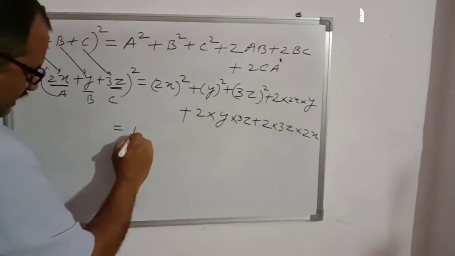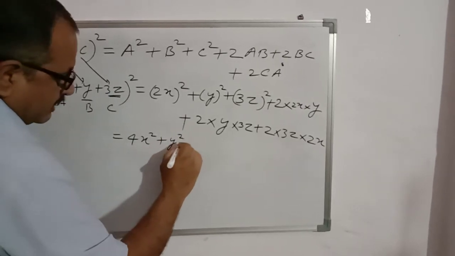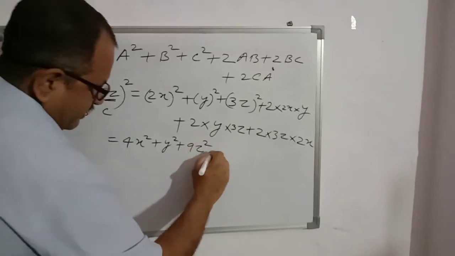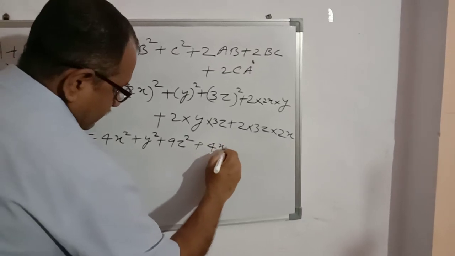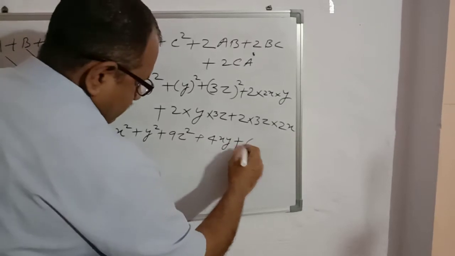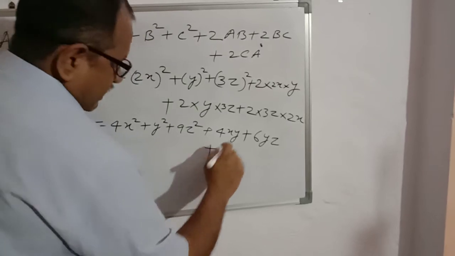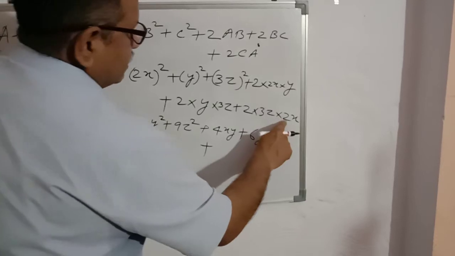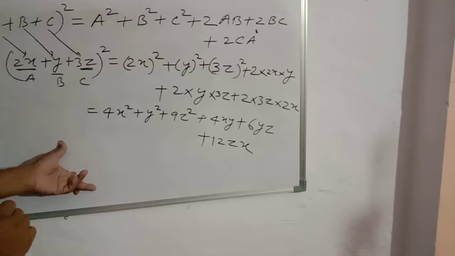So (2x) whole square is 4x square, plus y square, 3 square is 9, so we can write 9z square, plus 2 into 2 is 4, x into y, 4xy, plus 2 into 3 is 6, y into z, 6yz, plus 2 into 3 is 6, 6 into 2 is 12zx.